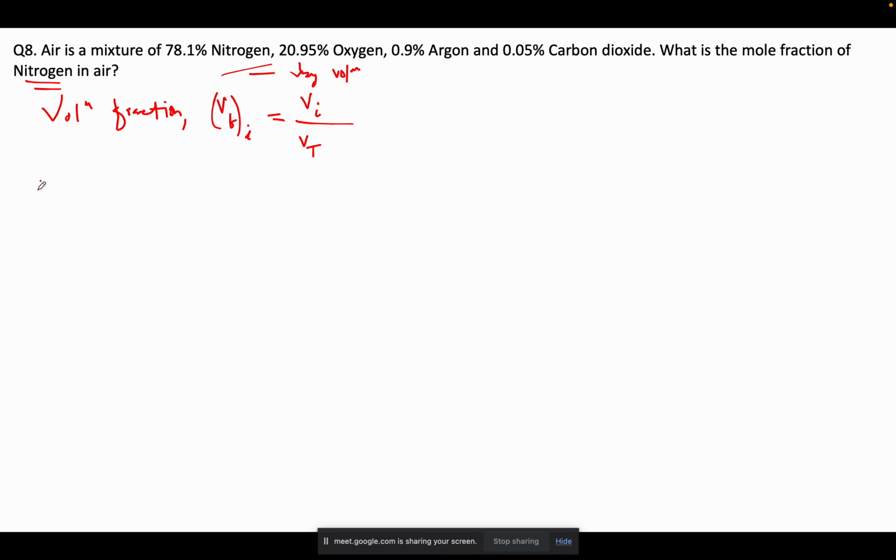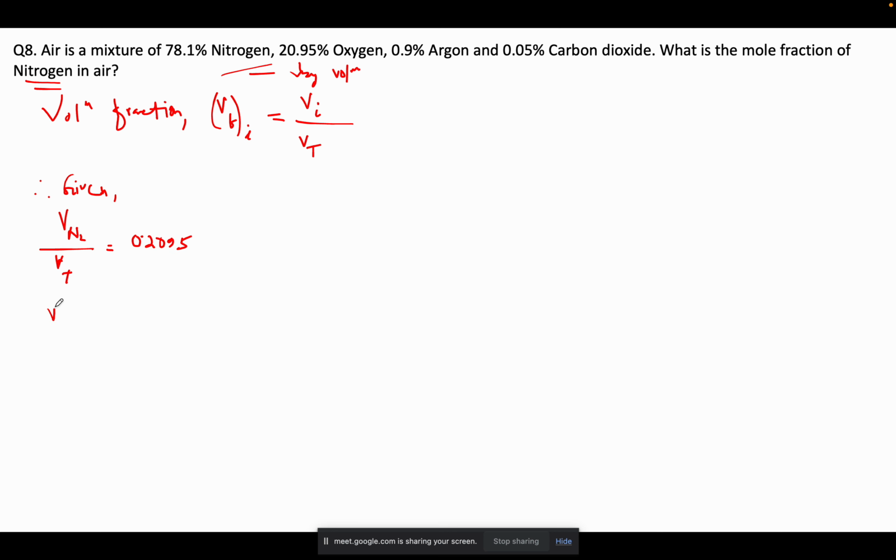Okay, so therefore, given V_N2 divided by V_t is equal to 0.2095.